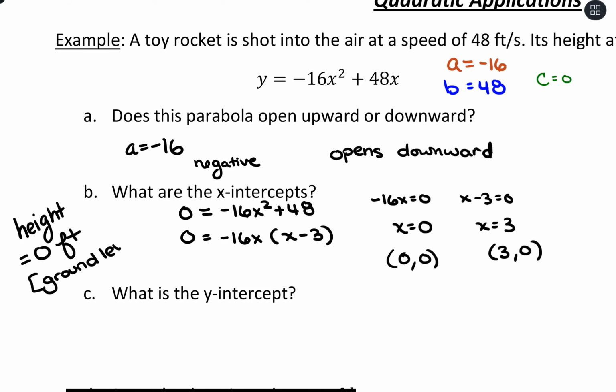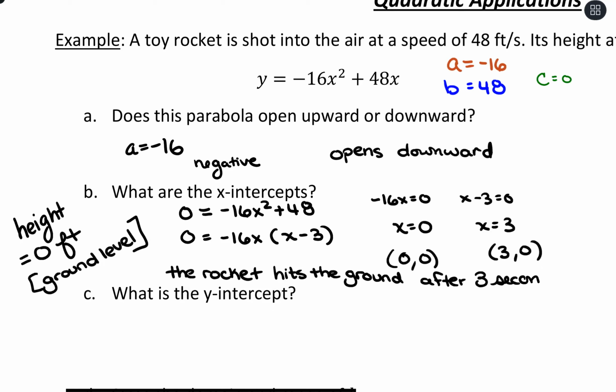So it's like our toy rocket is starting on the ground, it's going upward, and it returns to the ground after 3 seconds. So that's something we're seeing here: the rocket hits the ground after 3 seconds. So it starts at the ground and then it returns to the ground.